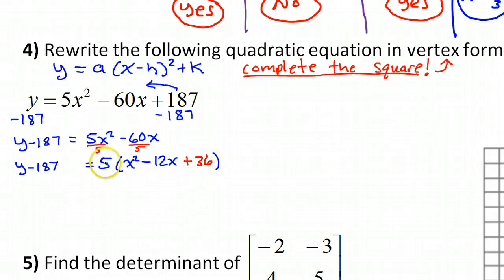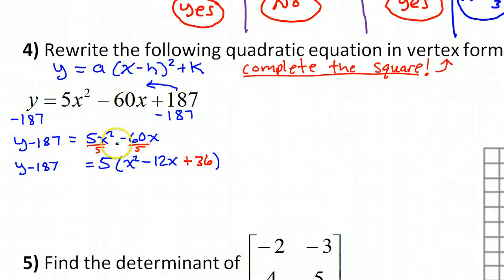This is in parentheses. This could easily be distributed. So in your mind, you have to imagine doing the distributive property with the 5 to turn it back into the previous form. And if you did, you'd have 5 times 36.